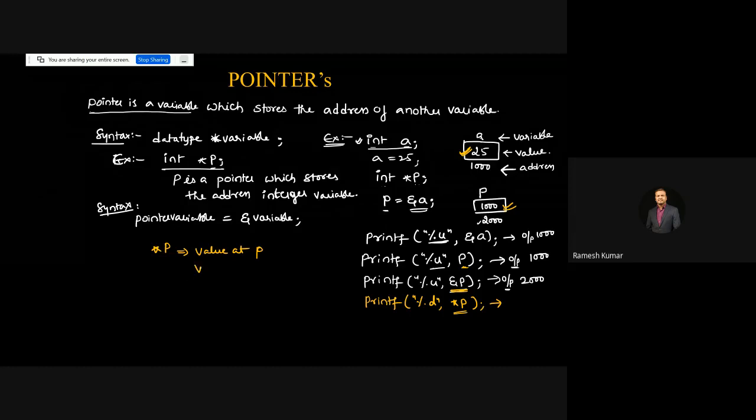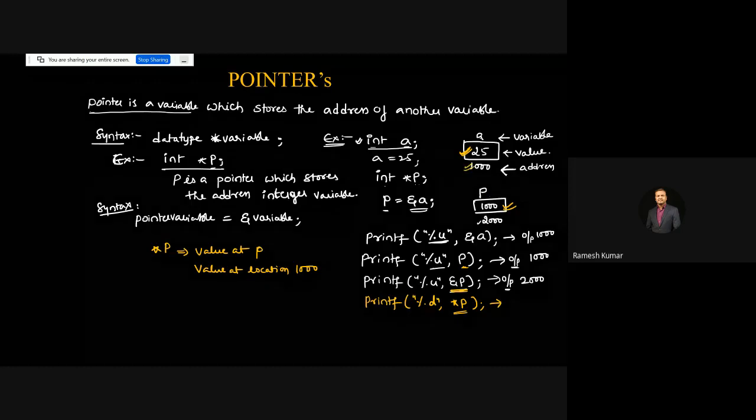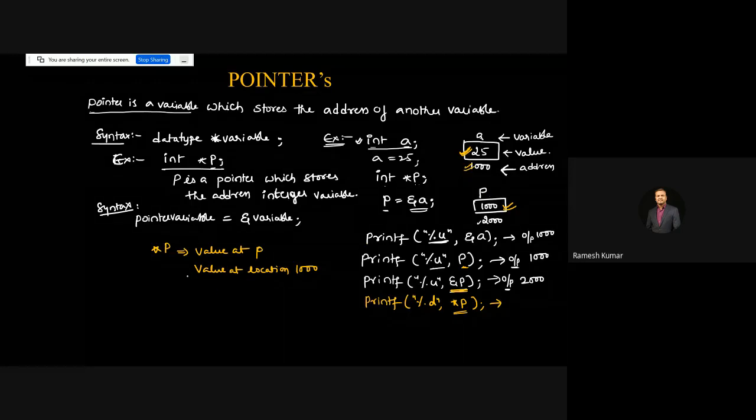Now what is p here in this example? 1000. So we can call it value at location. P stores the location 1000. So what is the value at the 1000th location? What value is there in the 1000 location? It is 25. So if I wanted to access the value of a variable using a pointer, we have to use star p.